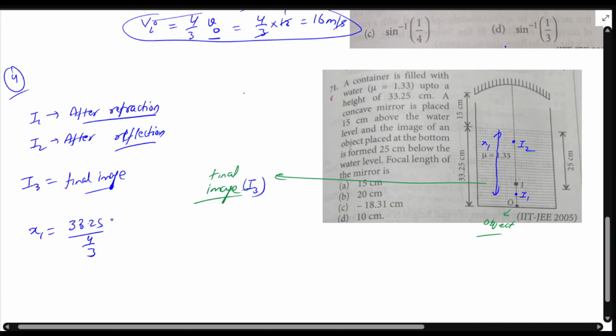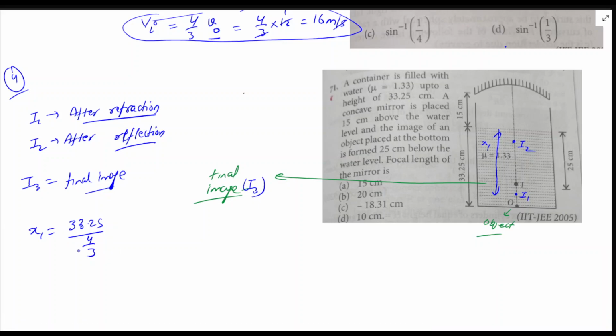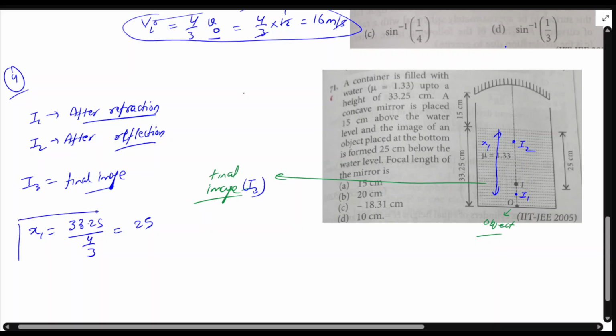Which is u upon mu, right? So if you calculate 33.25 divided by 1.33, you will exactly get 25. So this x1 is our 25, right?